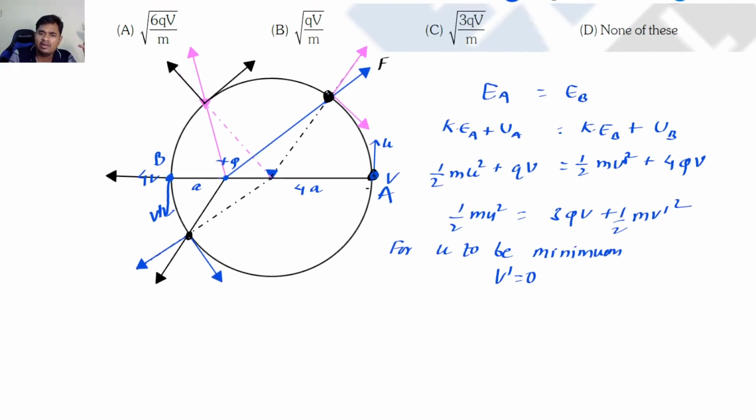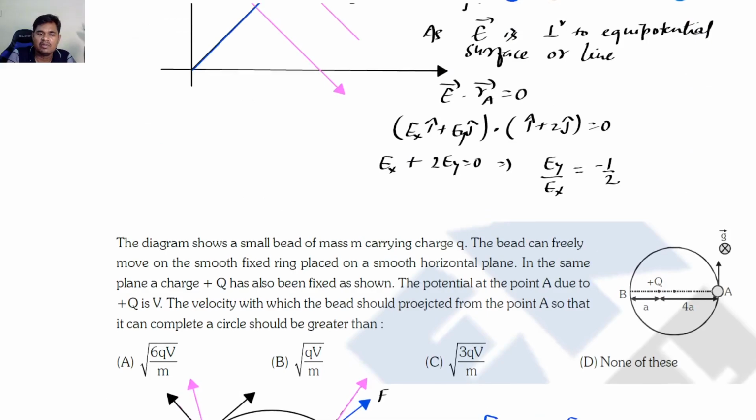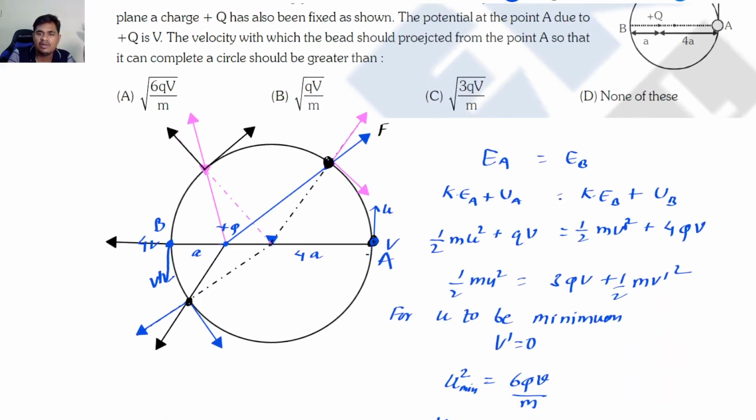So if you solve it, you will find that U square should be equal to 6QV by m. So U should be equal to root of 6QV by m. So that's the minimum speed that we got here. So the minimum speed will be root of 6QV by m. So the correct option is option A here.